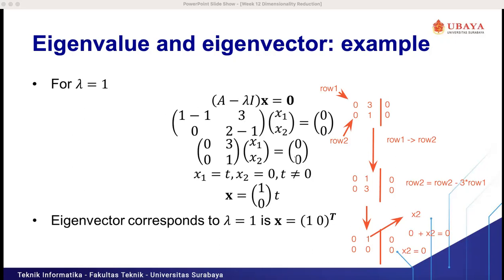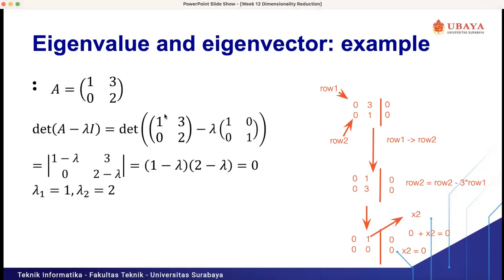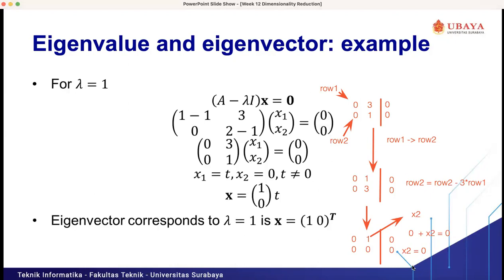Actually this is not a good example from this slide, because we only get one solution for x2. But because the eigenvector is non-zero, and x2 is already zero, x1 will not be zero. We can just say that x1 equals t. So the eigenvector for lambda equal 1 will be 1, 0 times t.